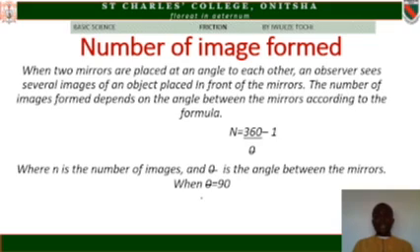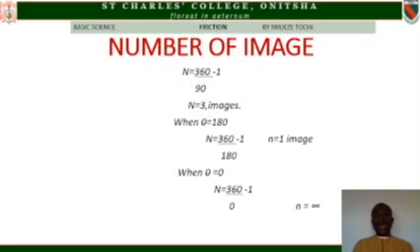Now, for instance, when theta is 90 degrees, and you are trying to find the number of images formed by the plane mirror. From the formula, n equals 360 over theta minus 1.